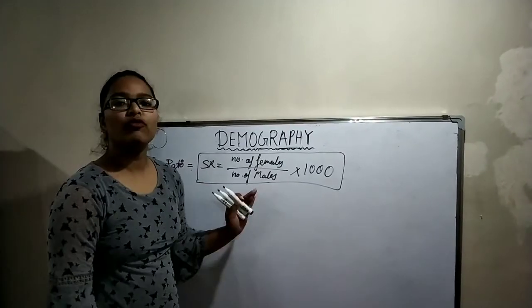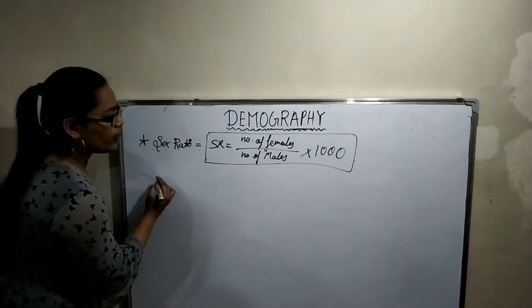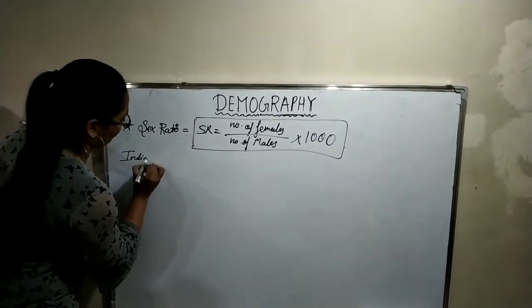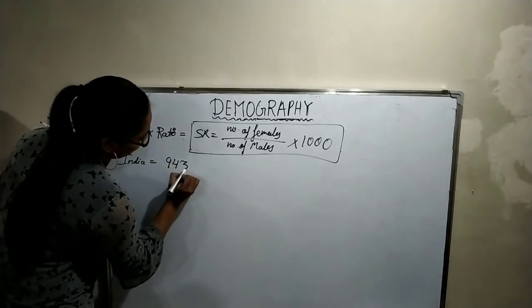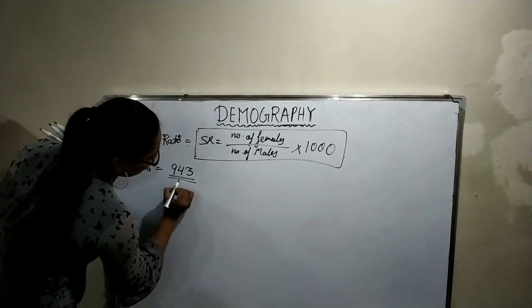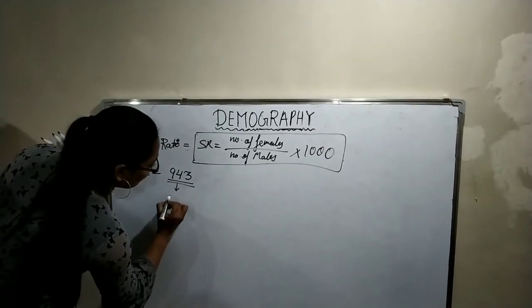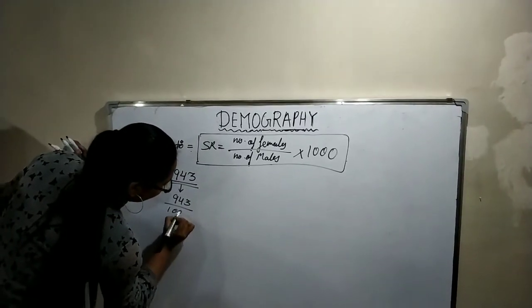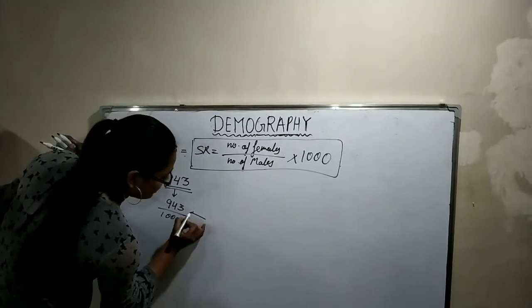This is the formula for calculating sex ratio. If we talk about India, we have sex ratio 943. 943, it is the number of females, 943 females per 1000 males, which is very less.